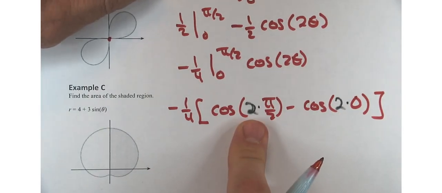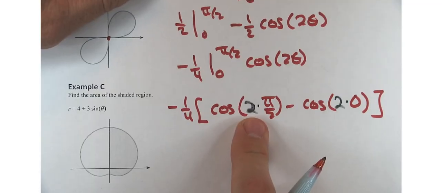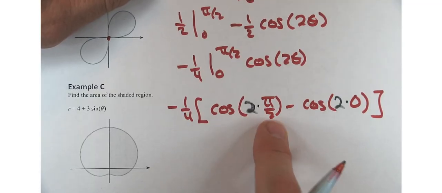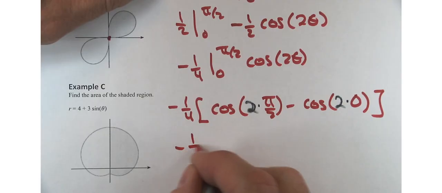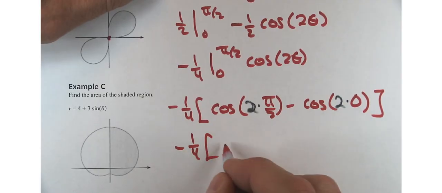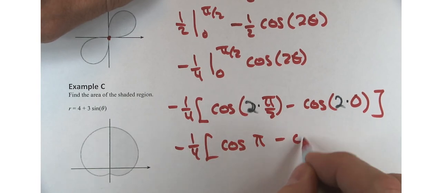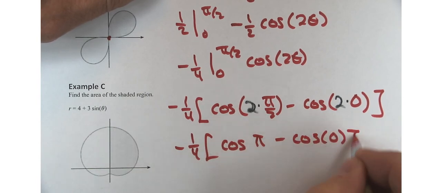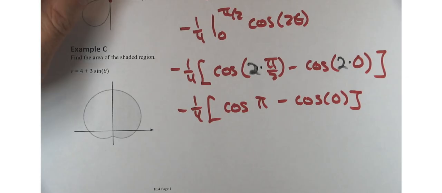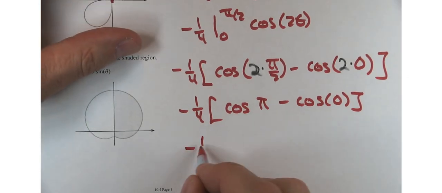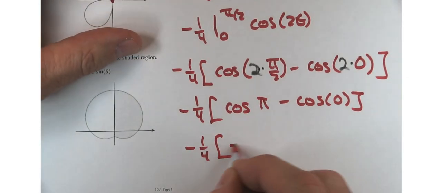What happens to the cosine of 2 times pi over 2? Well, it becomes a cosine of pi minus a cosine of 0. And both of those are negative 1, much to my relief.